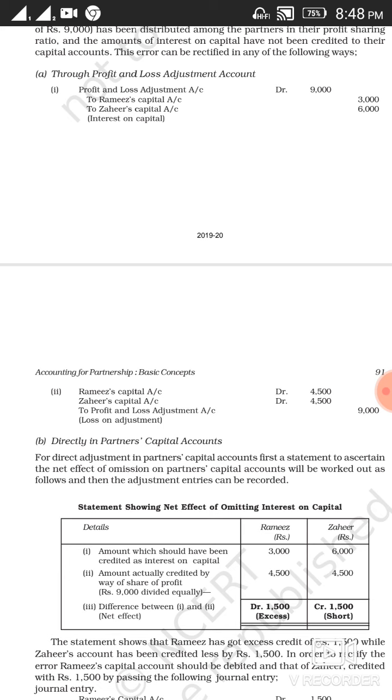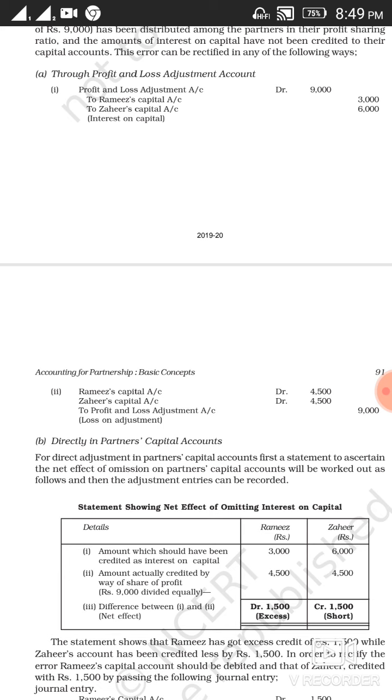As you can see, Ramesh's capital has to be credited by 3,000, whereas Ramesh's capital is to be debited by 4,500. So on comparing these two, the net impact is that Ramesh's capital is to be debited by 1,500, meaning 4,500 debit minus 3,000 credit. So still 1,500 remains on the debit side.